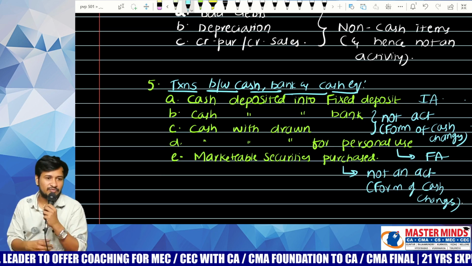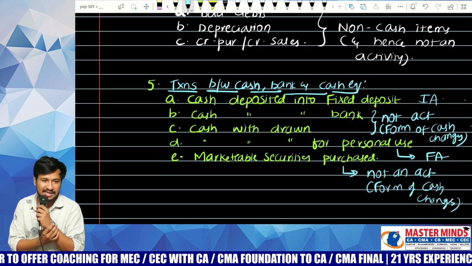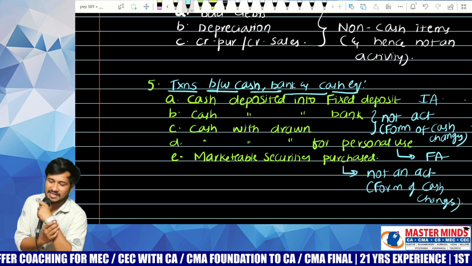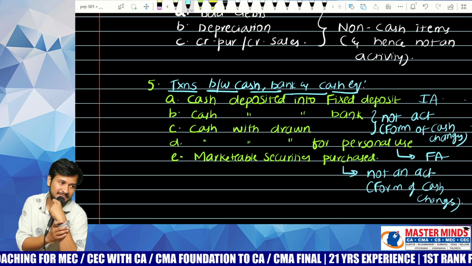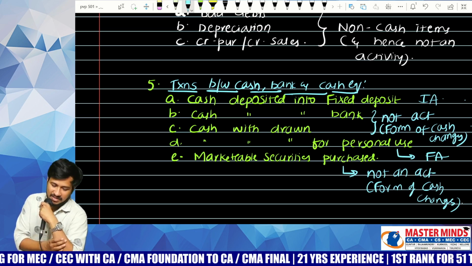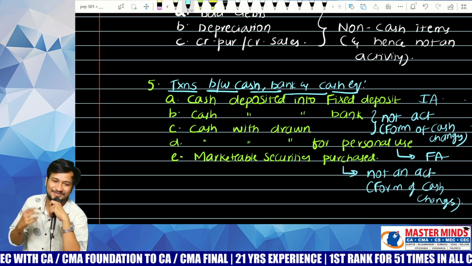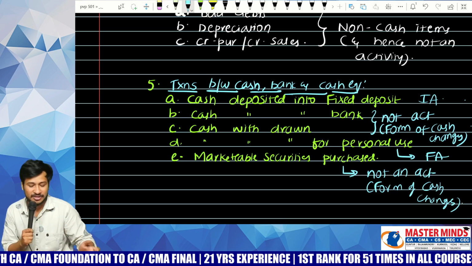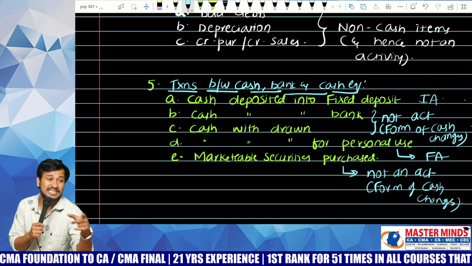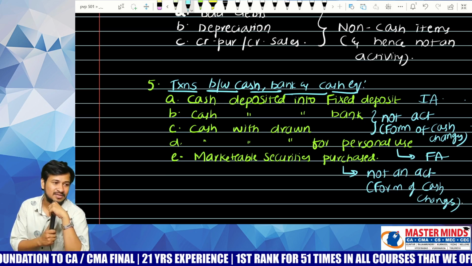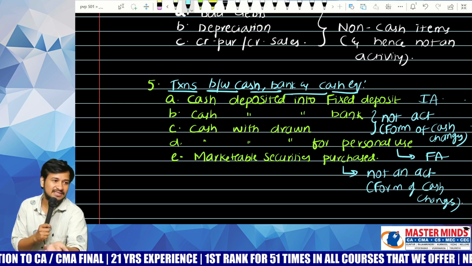TXN is a short form which is used for transactions in banking language. So transactions between cash, bank and cash equivalents. If I had written the heading first itself, you would get an alarming point and tell the answer. Anyways, point number E, marketable securities is cash equivalent. If you're purchasing cash equivalent, that is also normal cash.